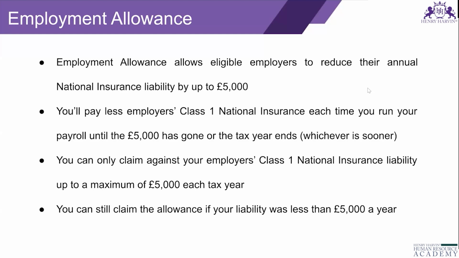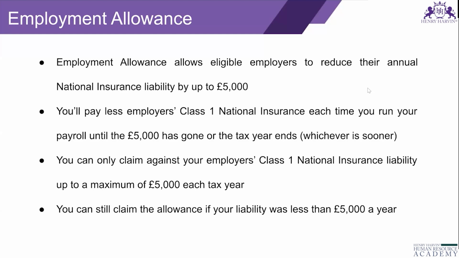And if you are eligible for only 3,000, you get only 3,000. You can only claim against your employer's class 1 national insurance liability up to a maximum of 5,000 each tax year. You can still claim the allowance if your liability was less than 5,000 a year.